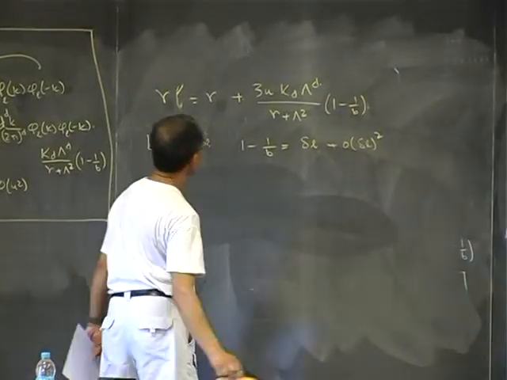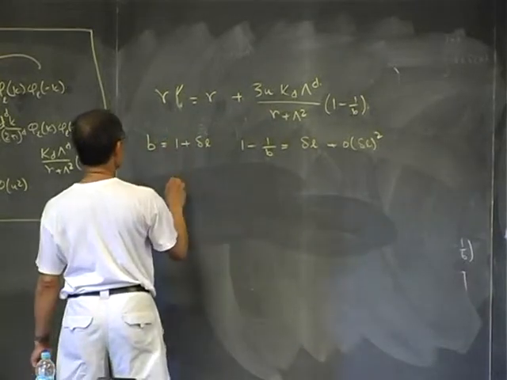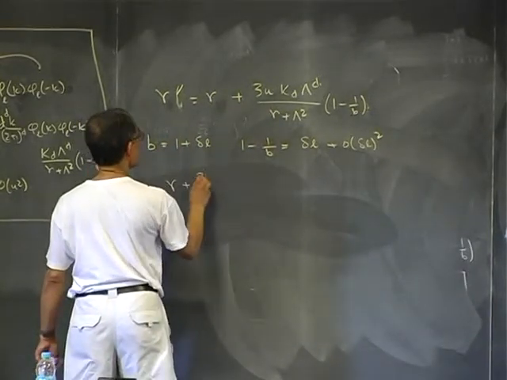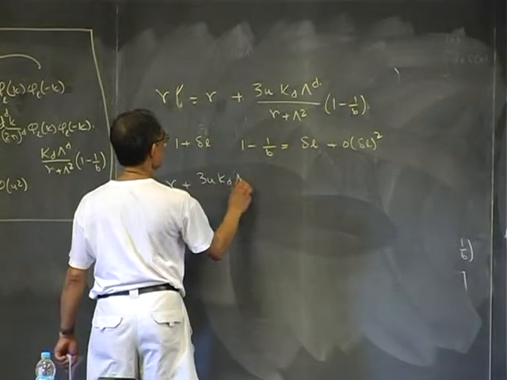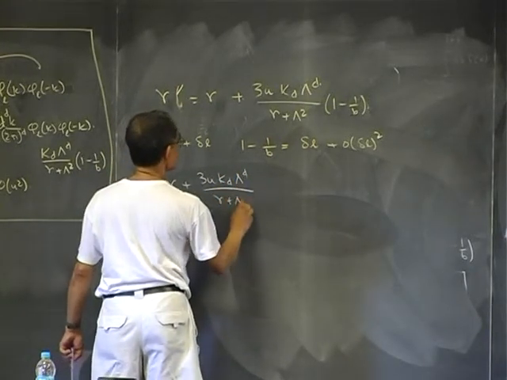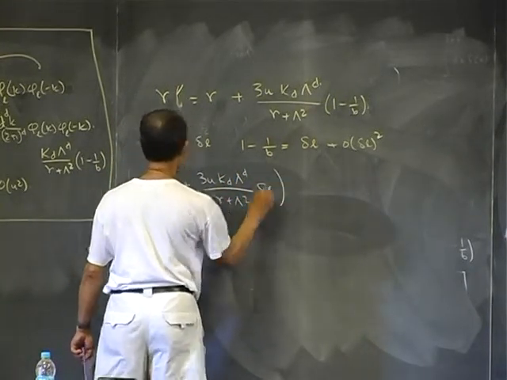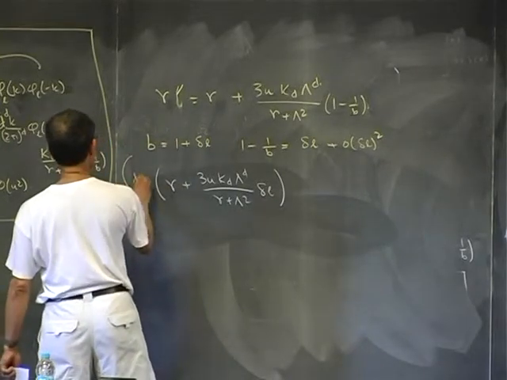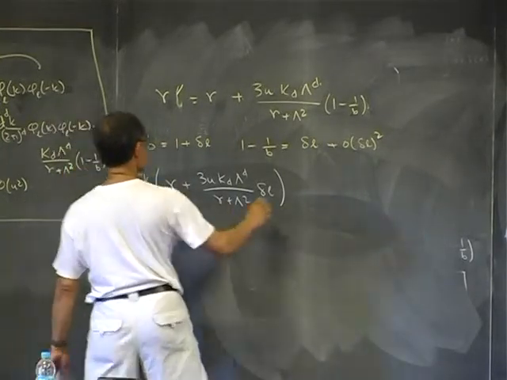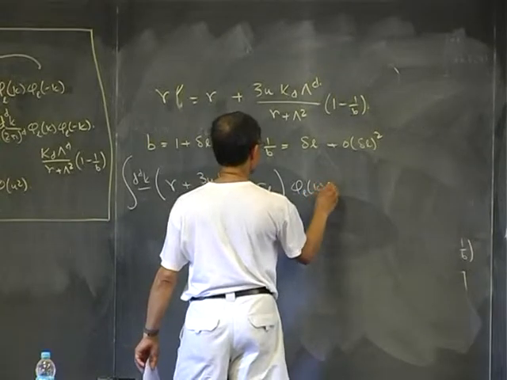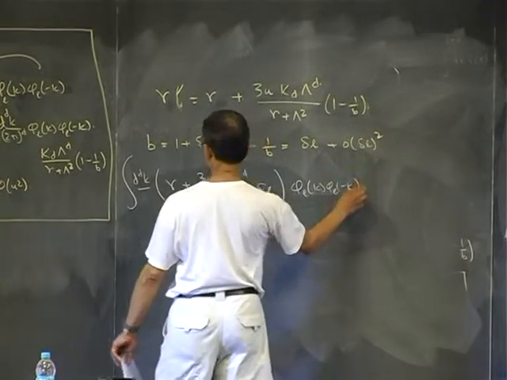So we have that. So if I write the term, it is R plus 3u k d lambda to the d, R plus lambda square, and that is delta L, which is multiplied ddk by whatever, phi L of k, phi L of minus k.